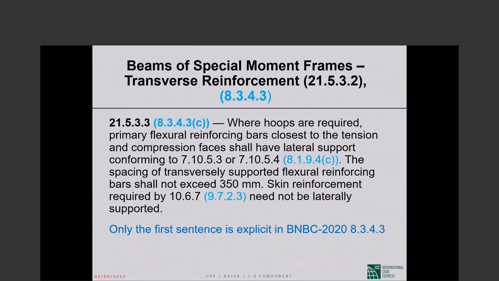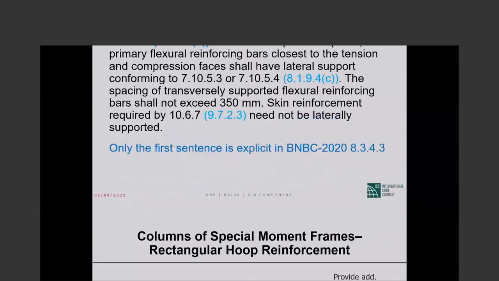Where hoops are required, in the plastic hinge region, primary flexural reinforcing bars closest to the tension and compression faces shall have lateral support conforming to what is required for columns, essentially. Chapter 7, non-seismic detailing, I explained this to you, or let me show you.